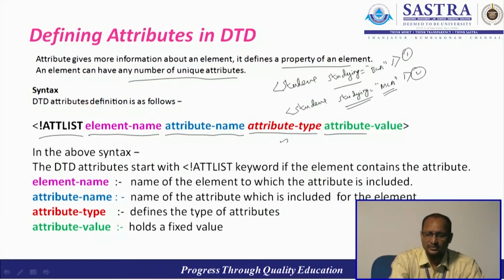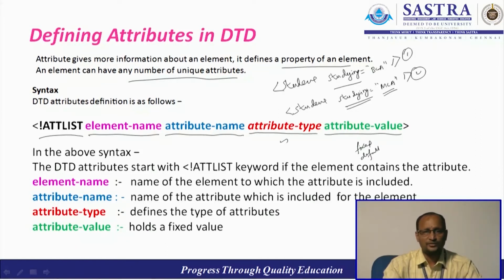Space, then we have the attribute value type. The attribute value type says whether the attribute value is a fixed value or a default value.